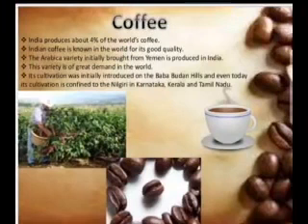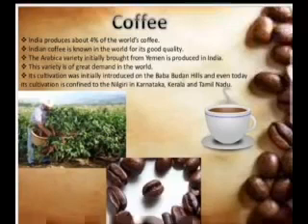Coffee plantation. India produces about 4% of the world's coffee. Indian coffee is known in the world for its good quality. The Arabica variety, initially brought from Yemen, is produced in India.